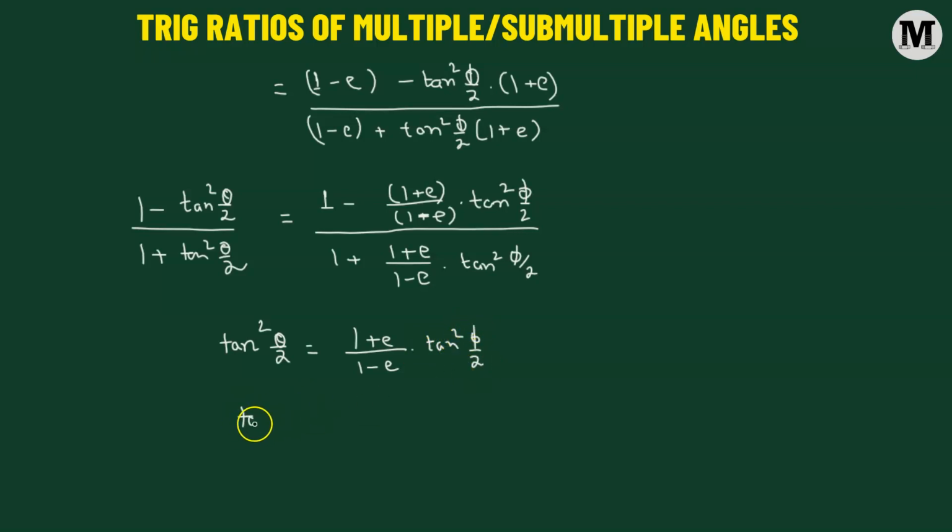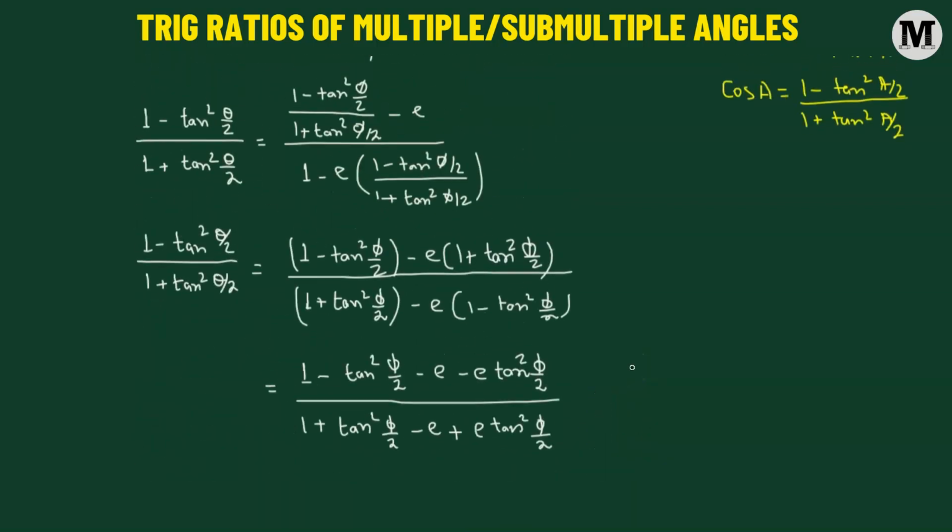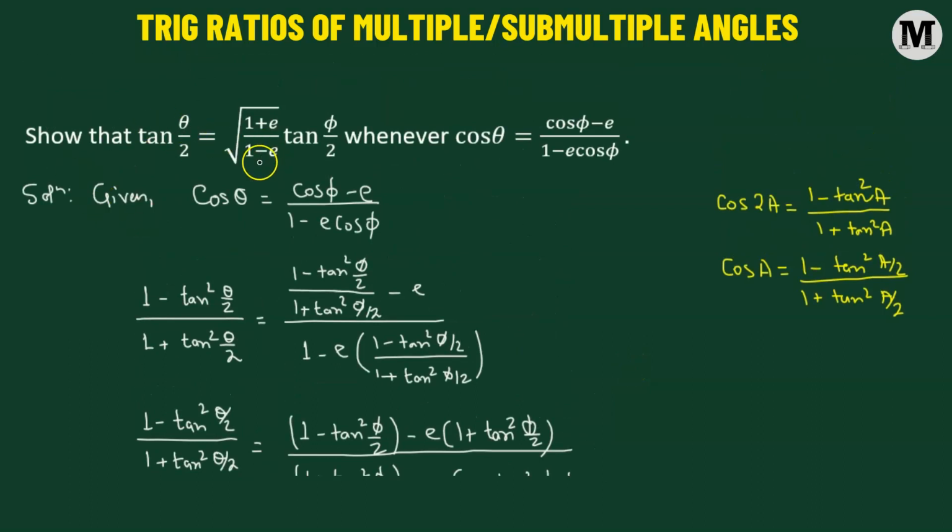Now if we take the square root on both sides, we'll take the positive square root. So tangent theta over 2 must equal the square root of (1 plus e over 1 minus e) multiplied by tangent of phi over 2. And this is exactly what we needed to show, hence proved. So let's verify quickly: tangent of theta over 2 equals the square root of (1 plus e over 1 minus e) times tangent of phi over 2, hence proved.